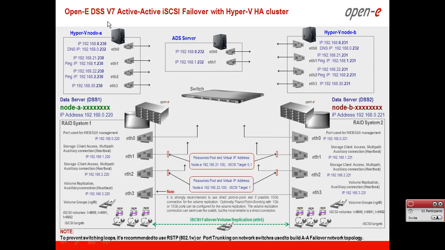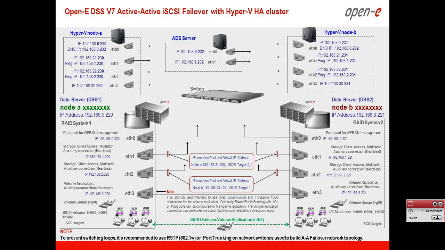The next nodes are node A and node B, the Hyper-V cluster nodes, and there is one more Active Directory Services server. This is something similar to vSphere when you talk about VMware: you have the virtualization nodes, and then you have one more extra server computer which is managing the virtualization cluster.